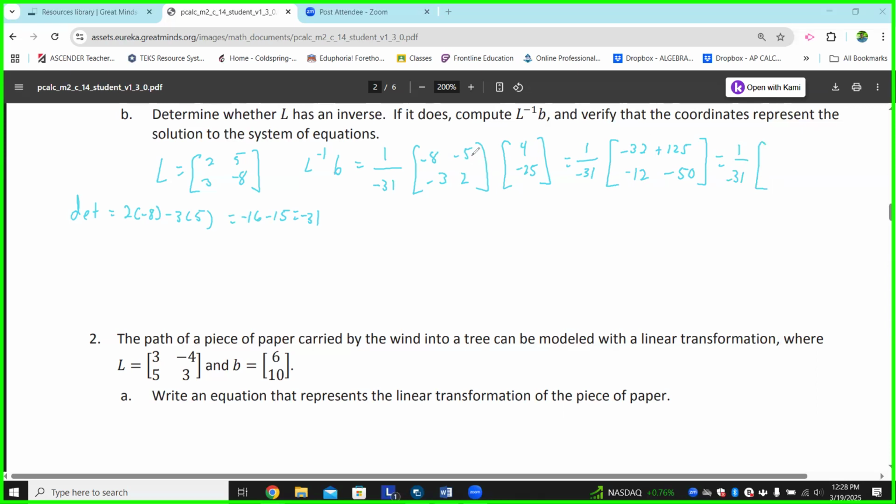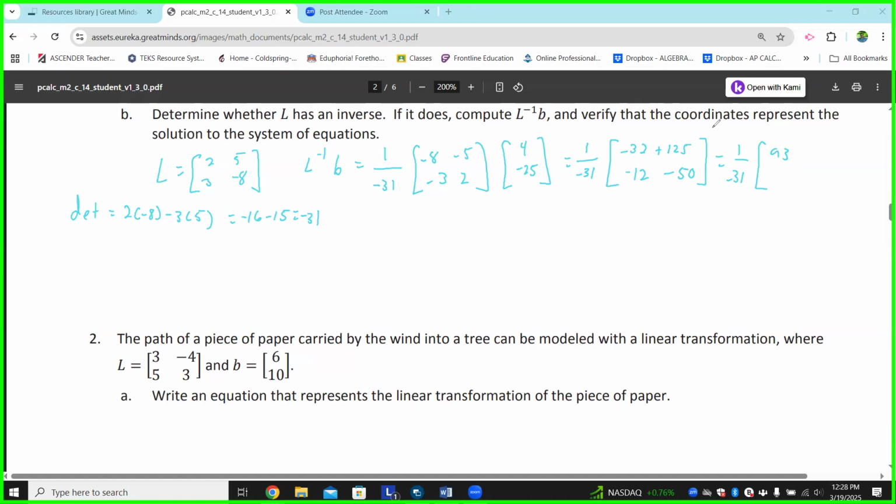Because a 2 by 2 times a 2 by 1 should give me a 2 by 1 as a result. You might have already done it. I did not. As your teacher, I want to make sure you saw every process being done potentially in your head. So negative 32 plus 125. Yep, 93.